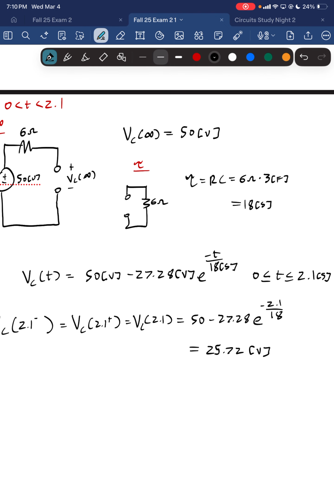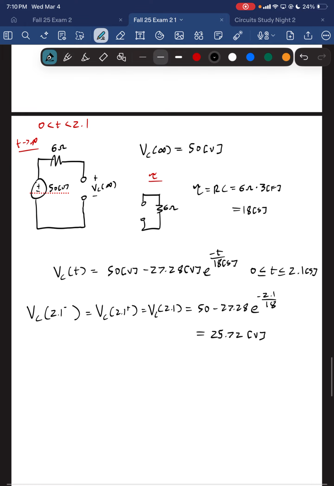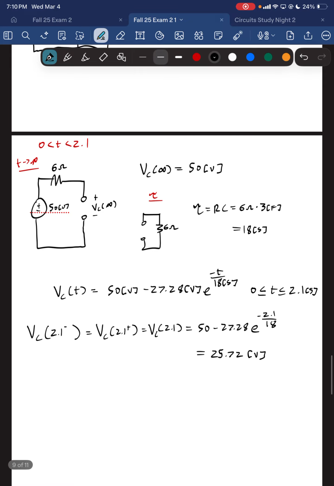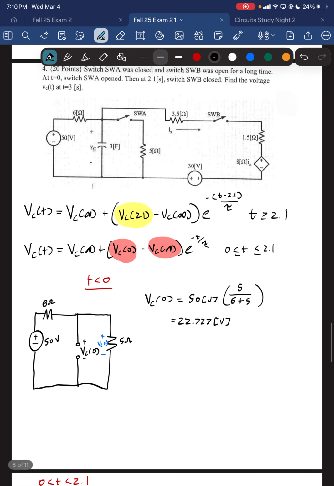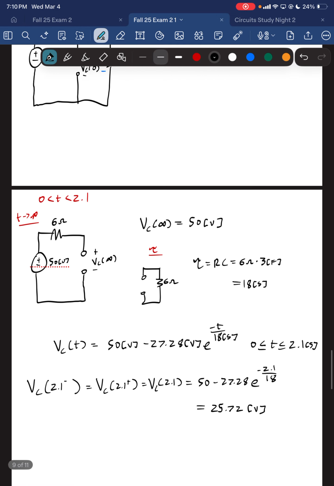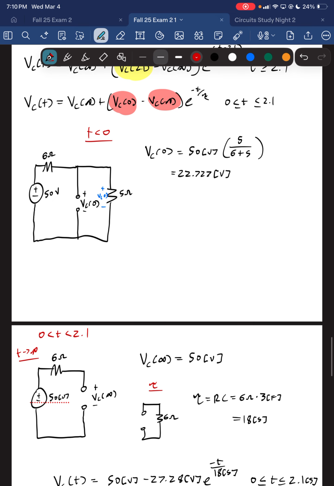You did 50 minus 27.28 e to the power of negative 2.1 over 18? 2.1. Or what, the time constant? No, we're just. The 27 comes from this equation, VC of 0 minus VC infinity. The 2.1, is it milliseconds?